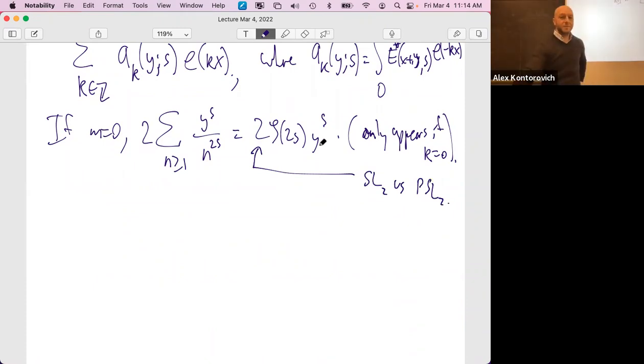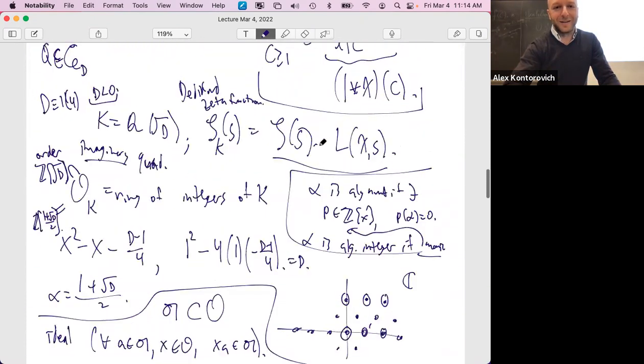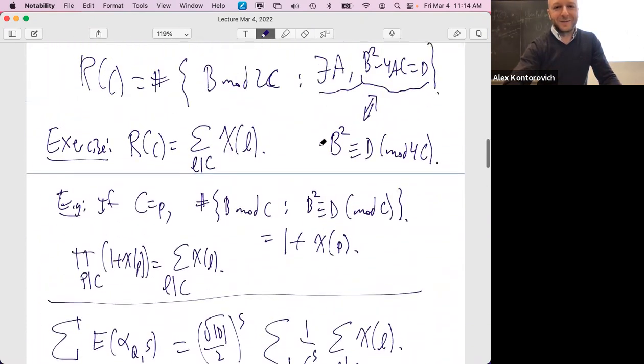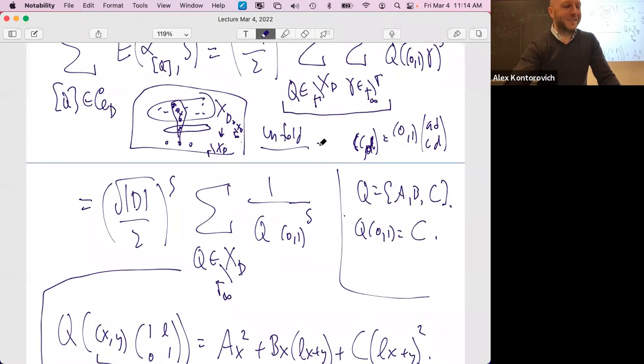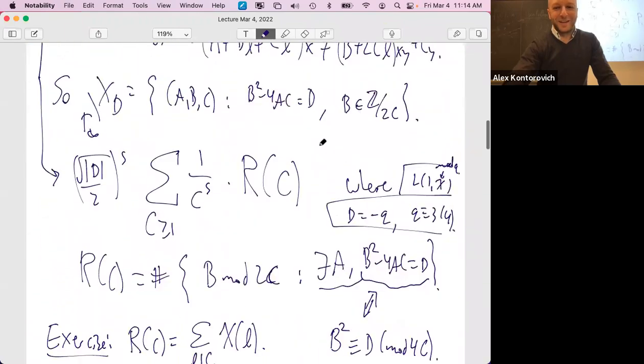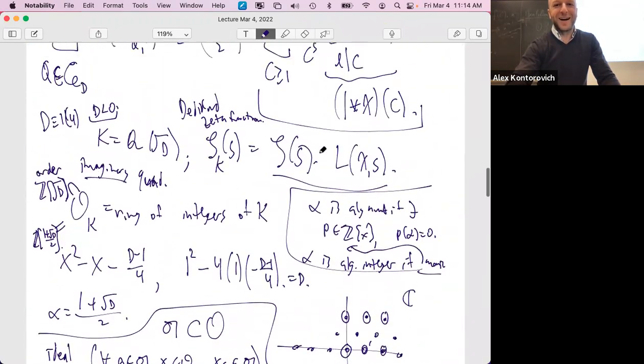SL2 versus PSL2 doesn't matter back when we're doing the quadratic form things, because we're just changing our whole function by a factor of 2. But it matters in the end when we want to get the right number that we're seeing for L of 1 chi.